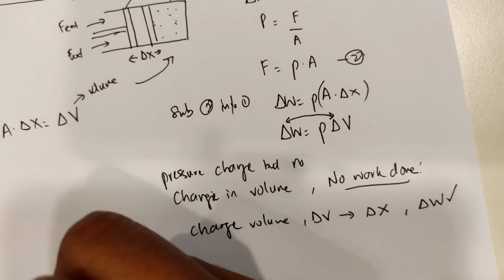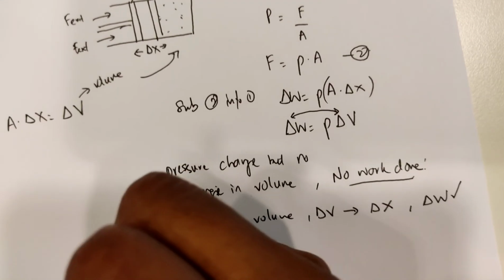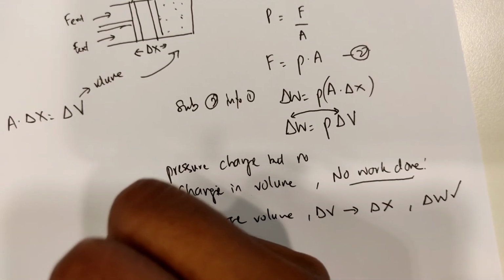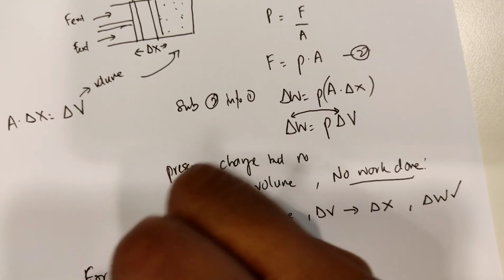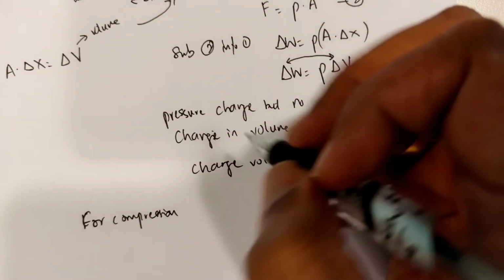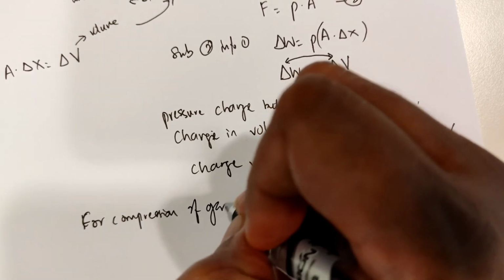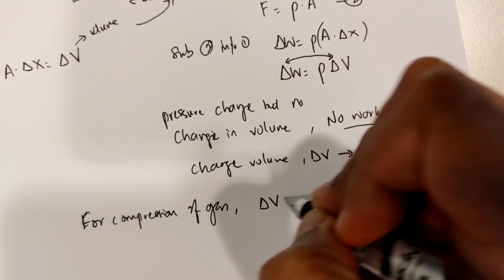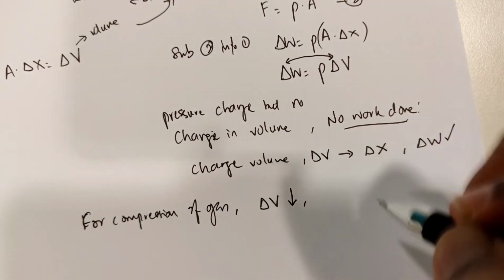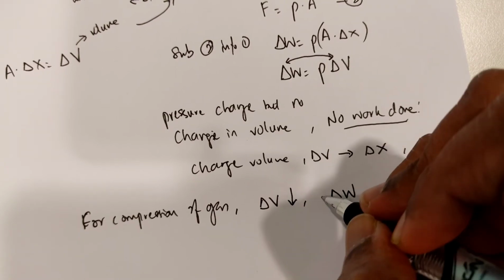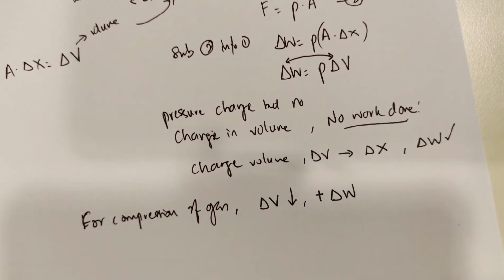Number two, a very important point: for compression of gas, delta V is decreasing, and delta W is considered a positive work.